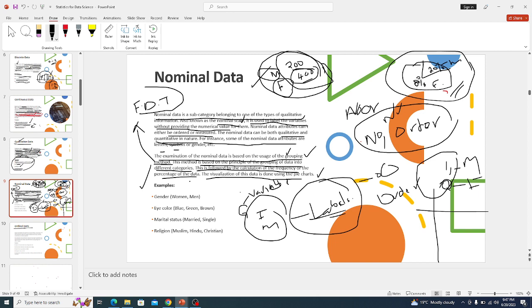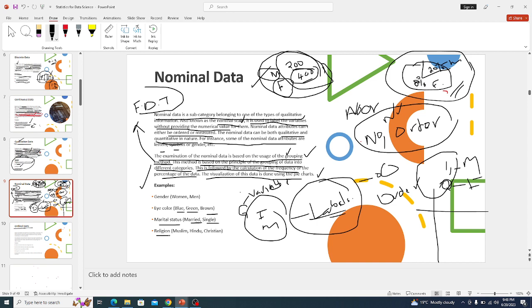All right, then we have some examples. We have gender, which can be categorized as women and men. We have eye color, which can be blue, green, and brown. We have marital status, which can be single or married.